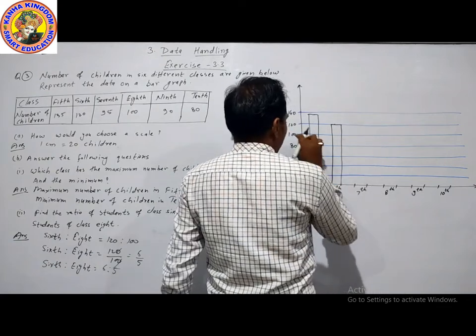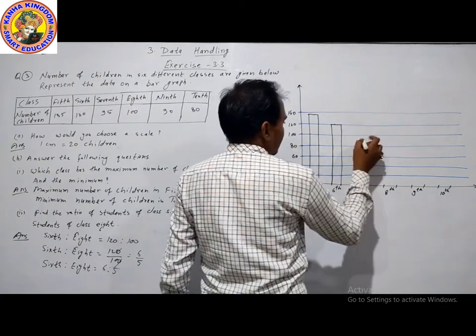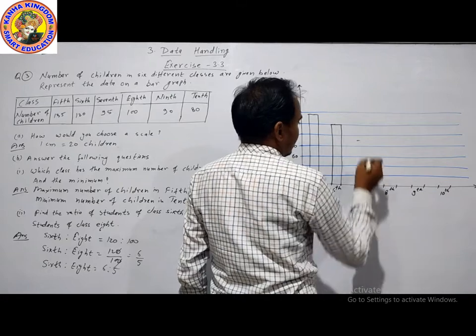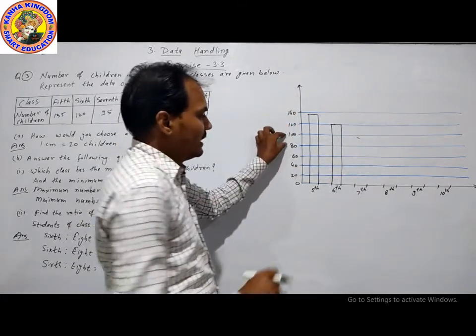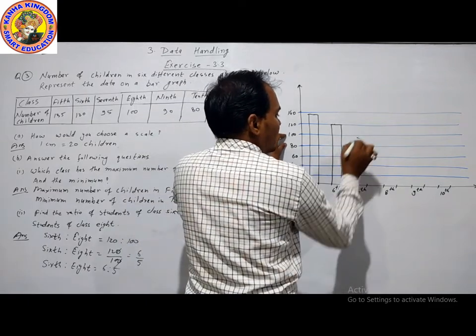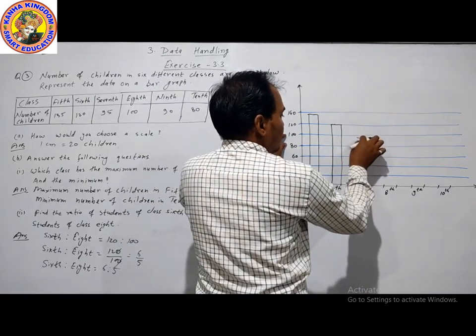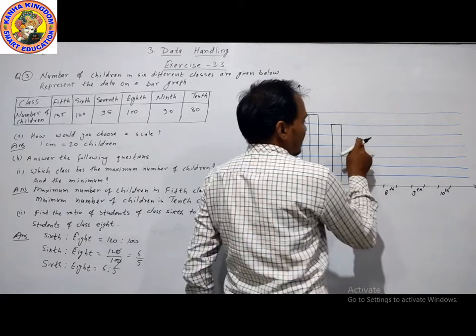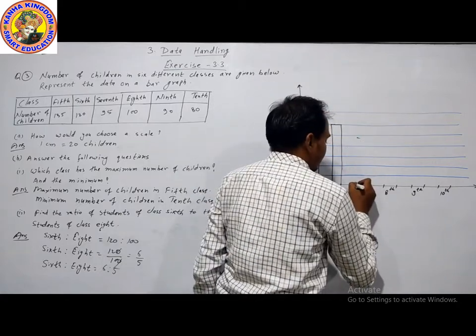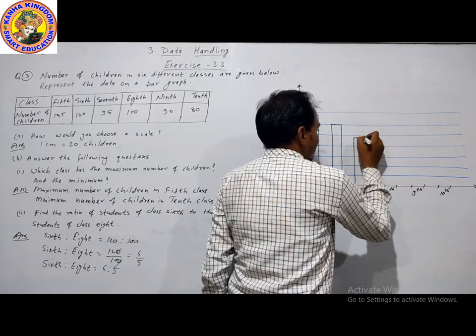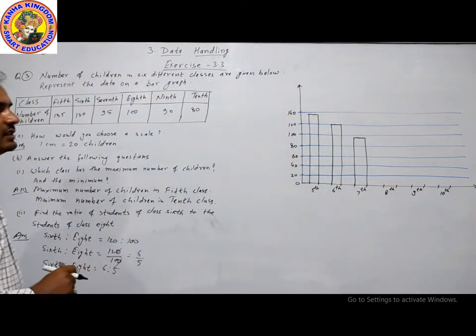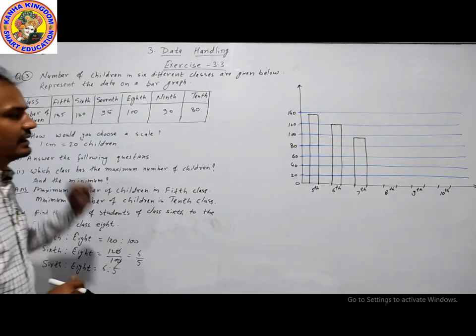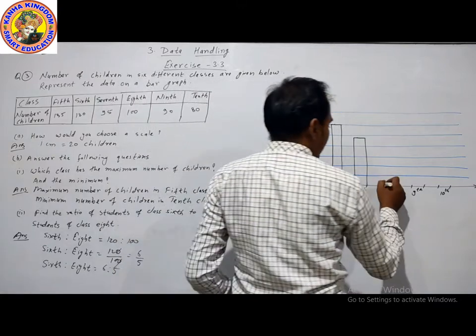In 7th class 95. Between 80 and 100, the middle part is 90, so between them there is 95. So this is 95. Now class 8, 100.